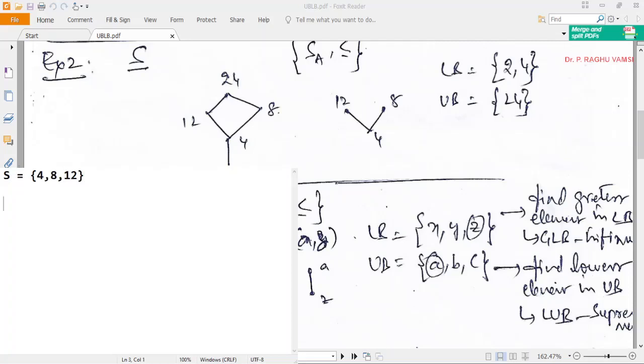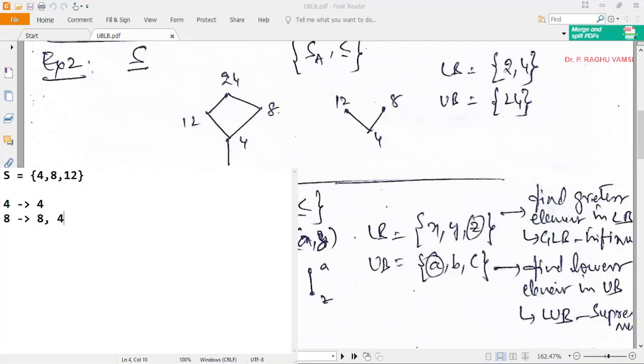Now let us consider 4. So the lower bound is 4 because 4 can be considered as reflexive. If we consider 8, then 8 can be considered because it is reflexive. Below 8, one element is there called 4.